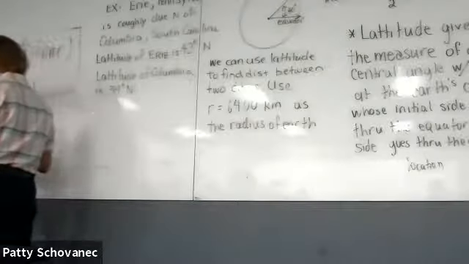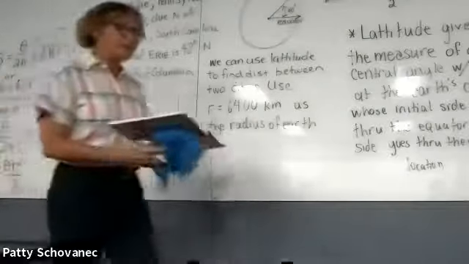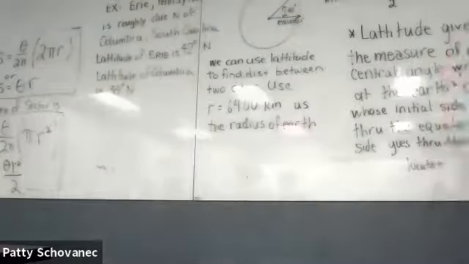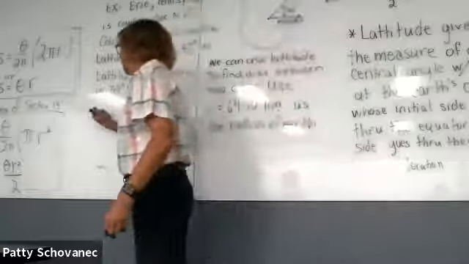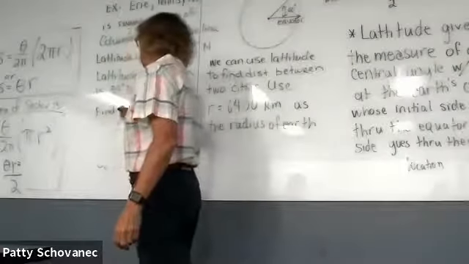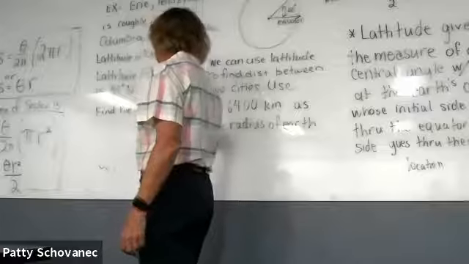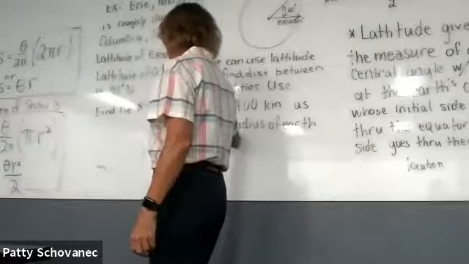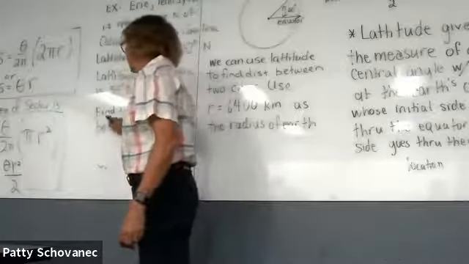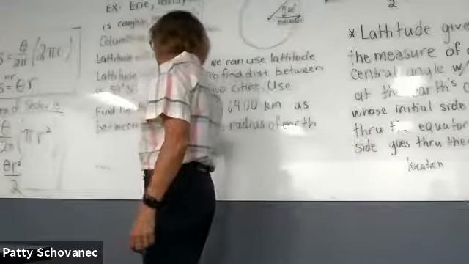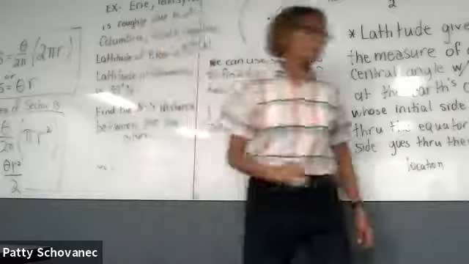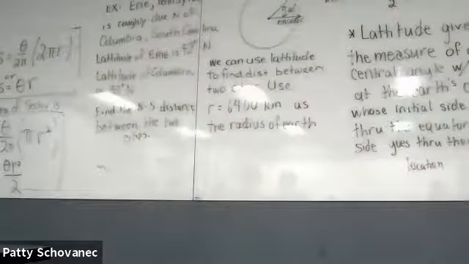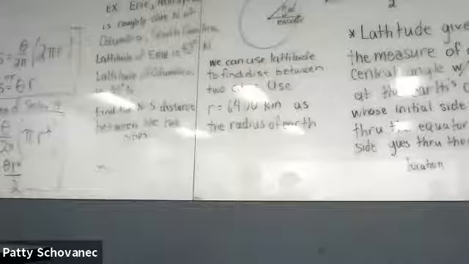Using that 6,400 kilometers as the radius of the Earth, find the north-south distance between the two cities. I'll draw a picture while you guys are writing that down.